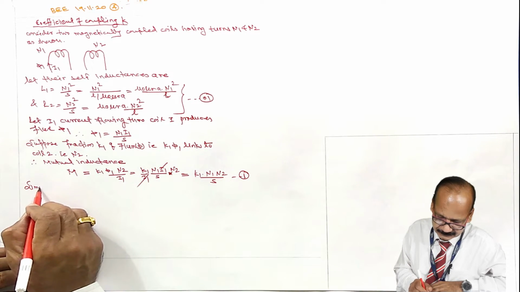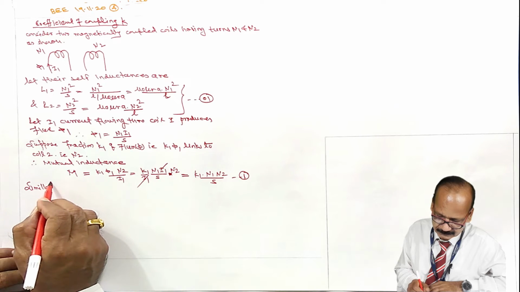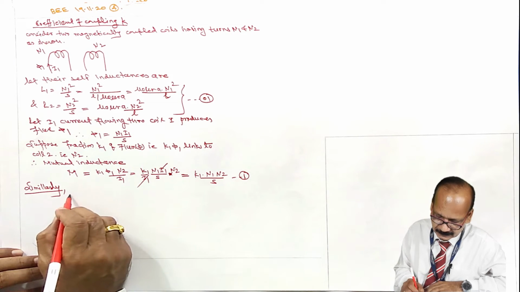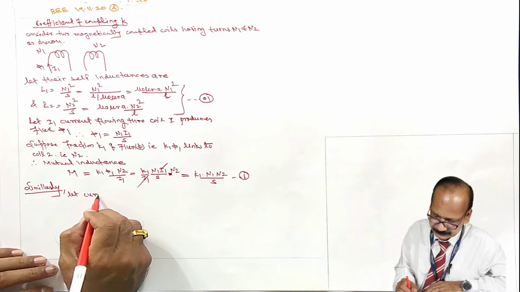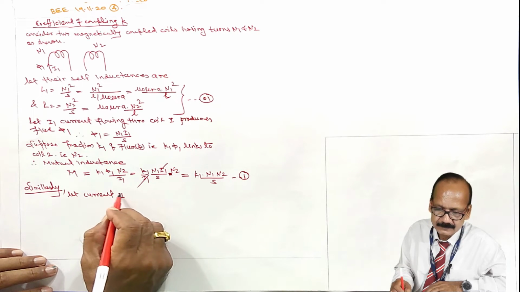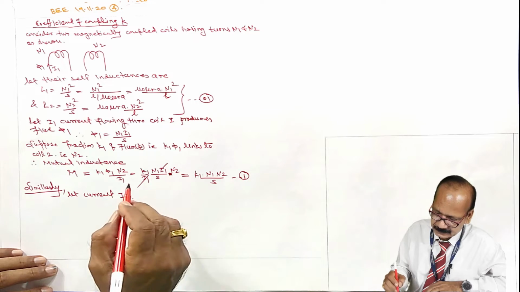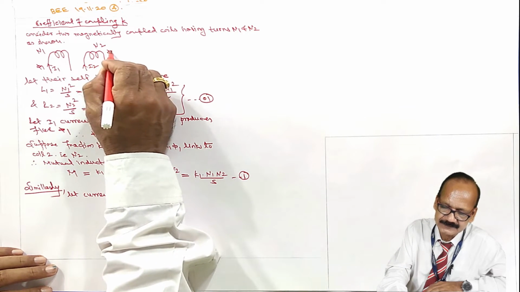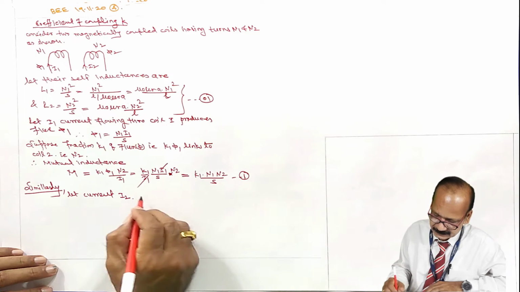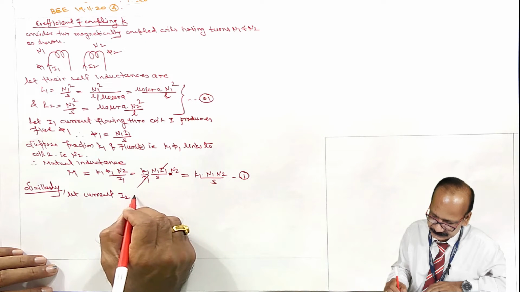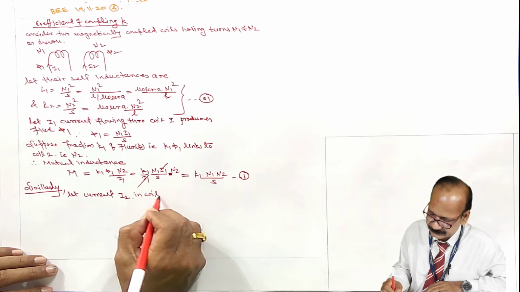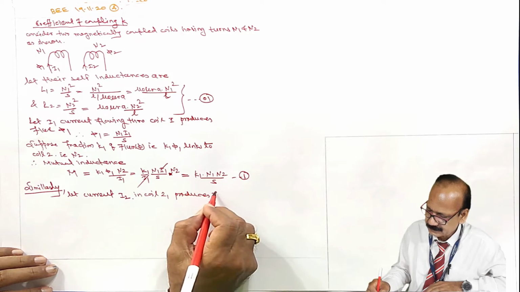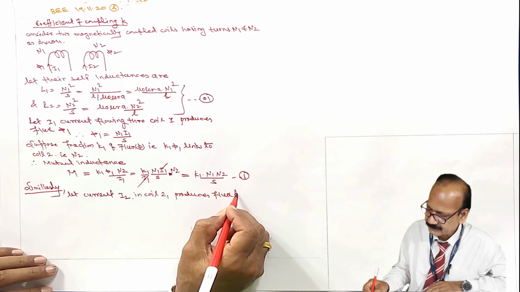Similarly, let current I2 in coil 2 produce flux phi 2.